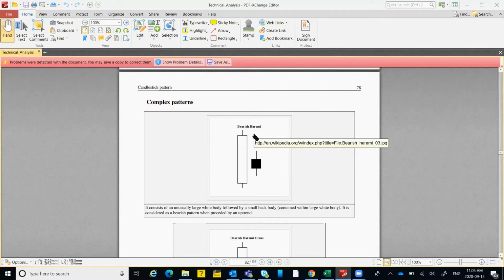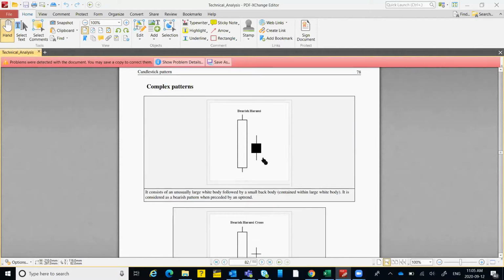So the first thing is the Bearish Harami candle, and this is how we characterize it. We will have a big white body, a big white candle, or a big green candle, and then it will be followed by a black candle, which will be smaller in size, and the opening and closing of this red candle will be within the opening and the closing of this white or green candle.